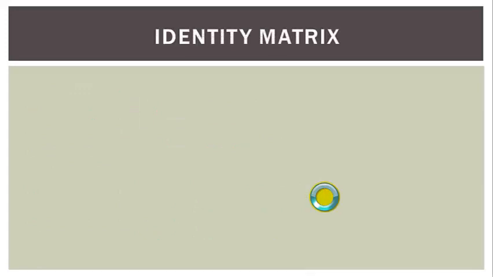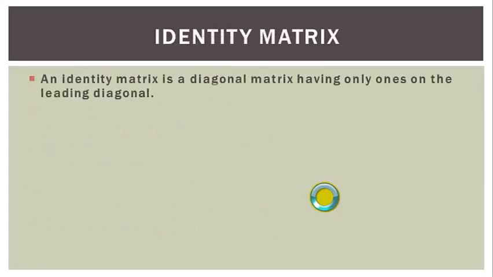Identity matrix. An identity matrix is a diagonal matrix having only ones on the leading diagonal, or one can say an identity matrix is a scalar matrix with the diagonal elements ones.